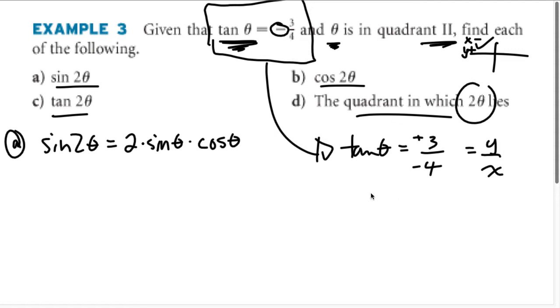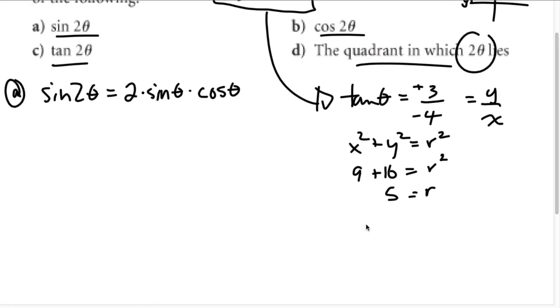Okay, so I need to figure out r. x squared plus y squared is r squared. 3 squared is 9, plus negative 4 squared is 16, is r squared, so r comes out to the square root of 25, which is 5. So if I know what r is, then I can determine what sine is.